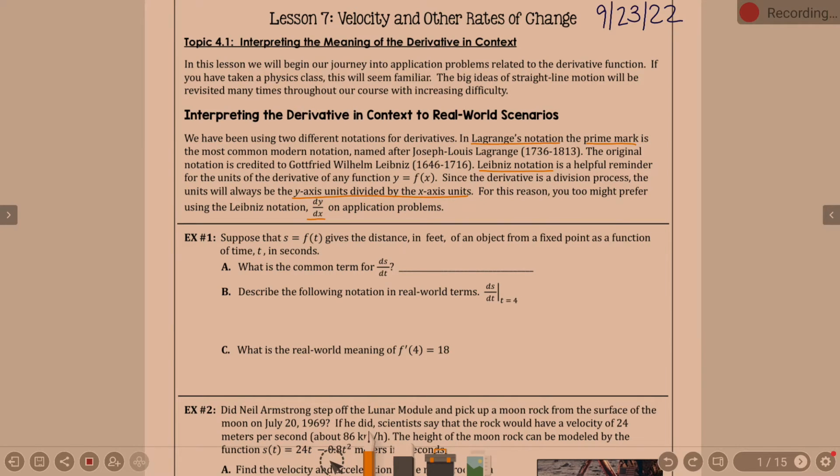What do you guys use in physics? Delta x. Okay, so not going to be the same there, I guess. But the idea is that this is the change in distance over change in time. So when we talk about ds dt, it's the derivative of position, and the derivative of position is velocity.